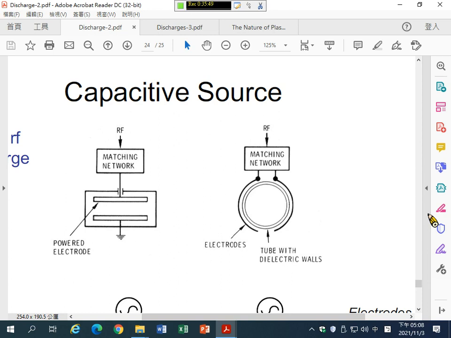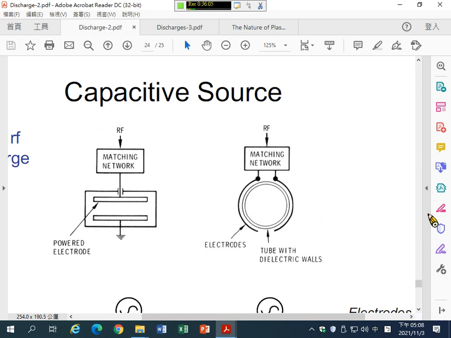So in this type of system, when you generate plasma, the plasma will not contact the metallic electrode. So you don't need to place an electrode inside your system.